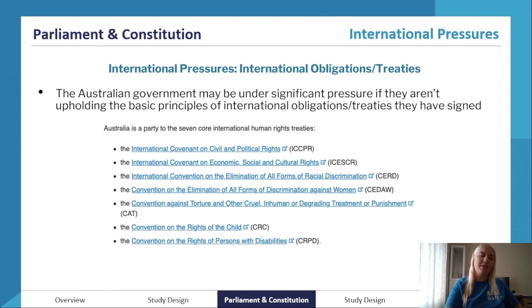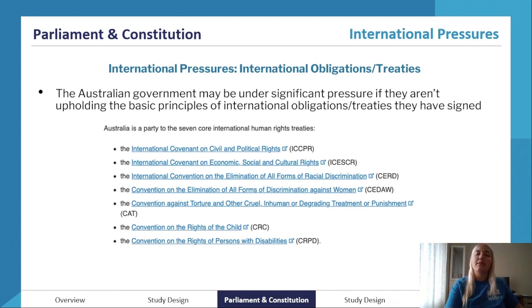So if a country signs to a treaty and they don't abide by the conditions set out, they might actually suffer some consequences as a result, such as restrictions to international trade and travel. So obviously, we don't want that to happen.